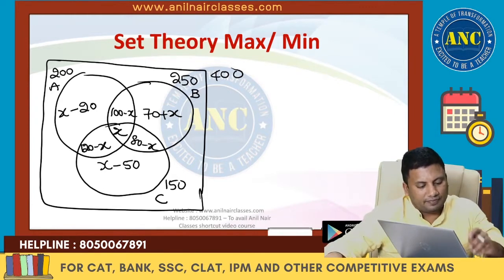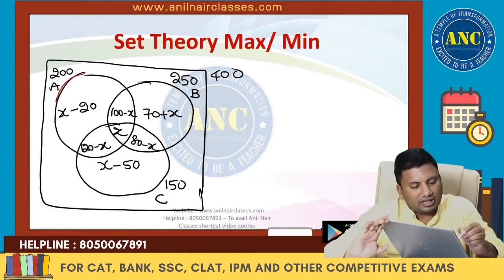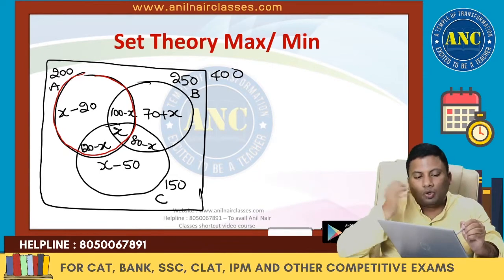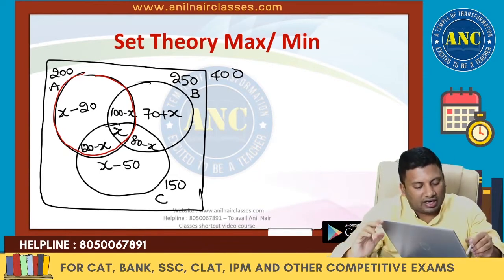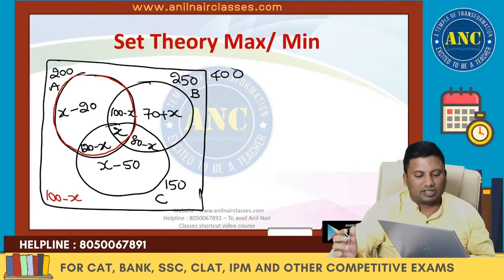Outside, this entire value is 200, 70 plus 80, 150 minus 50, 100. 200 plus 100 is 300. There will be an extra 100. There is 2 plus X and there is 100 minus X.